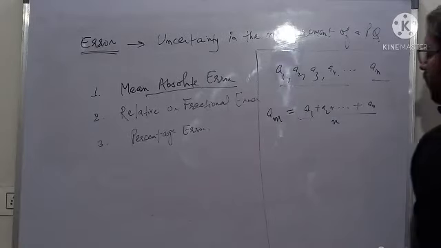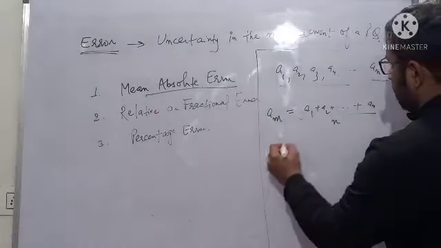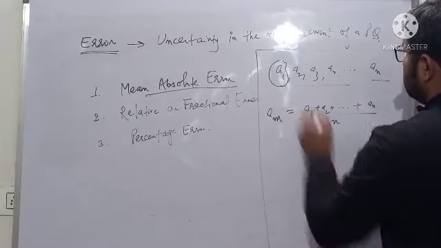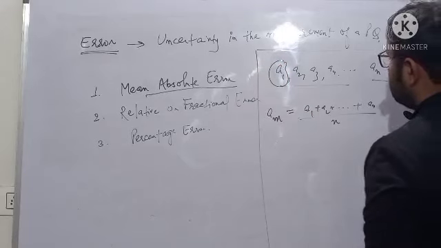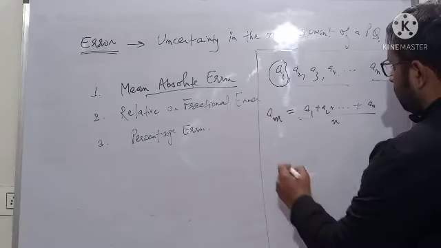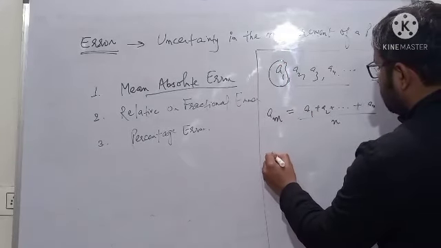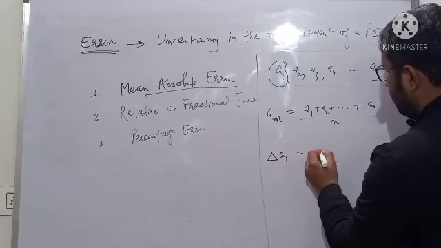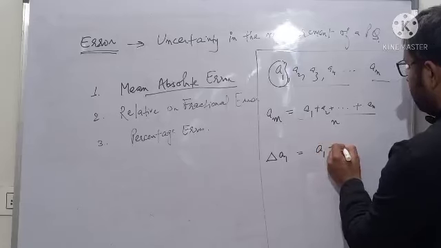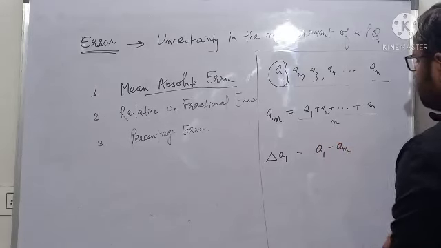Now what is absolute error? Suppose let us take this observation A1. What will be the absolute error associated with this particular value? We denote absolute error by delta. Delta A1 will be equal to the difference of this A1 minus this measured value AM.